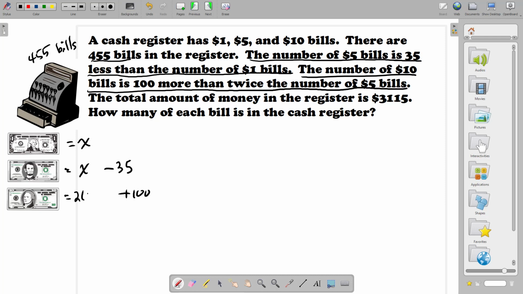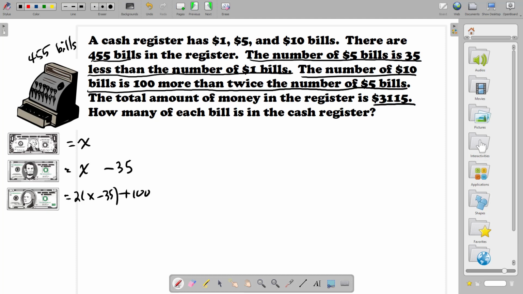The number of $5 bills is X minus 35, so twice means 2 times the number of $5 bills. Okay?